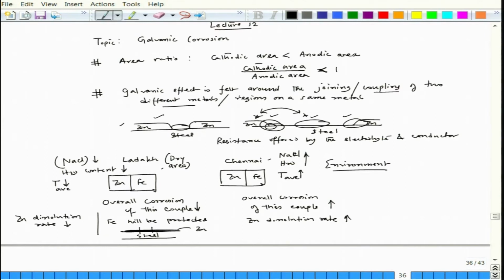All these factors would lead to a high corrosion rate in case of this kind of couple in the Chennai area, because of moisture. Here also you will find oxygen, but the oxygen percentage would be less because the pressure is also low, because it is on the hill. In Chennai there is a lot of oxygen.